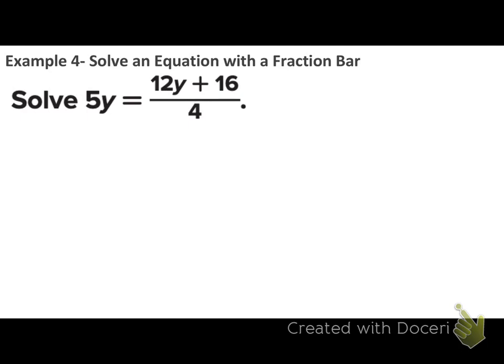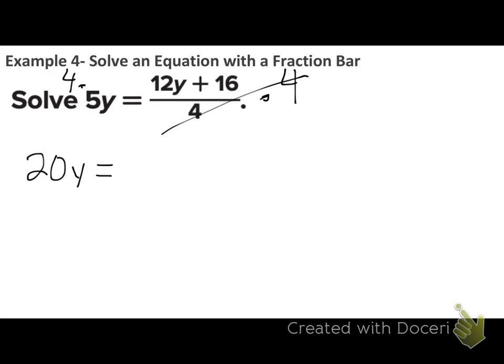Okay? 12y plus 16 is being divided by 4. What's the inverse of division? Multiplication. So if I multiply by 4, that's going to cancel out that denominator. Whatever I do to one side, I've got to do to the other. So on the left, what's 4 times 5y? 20y.